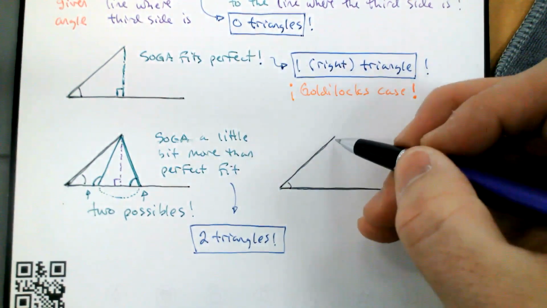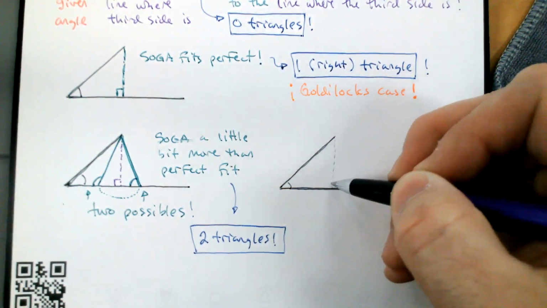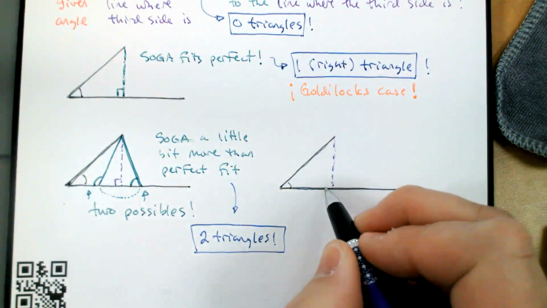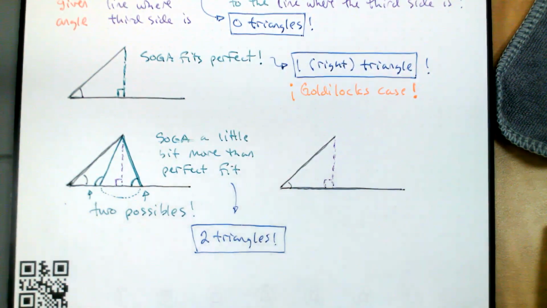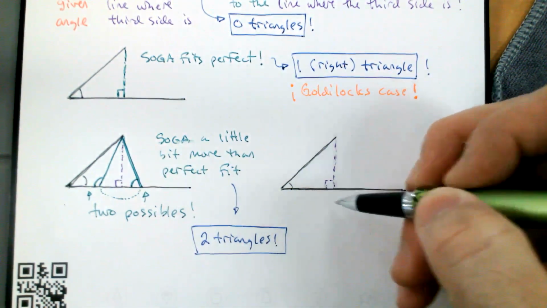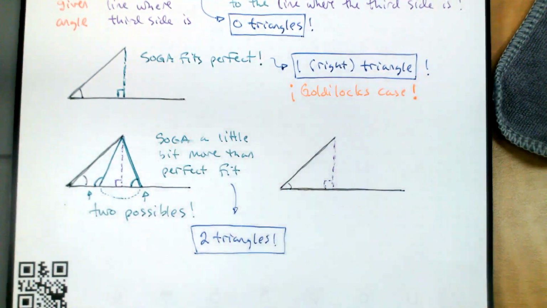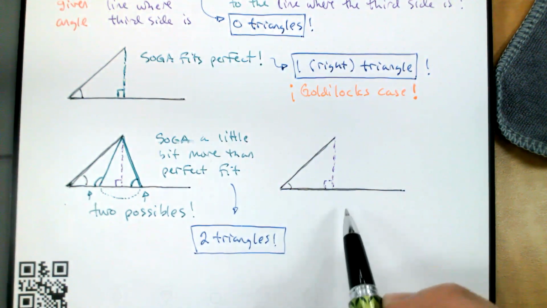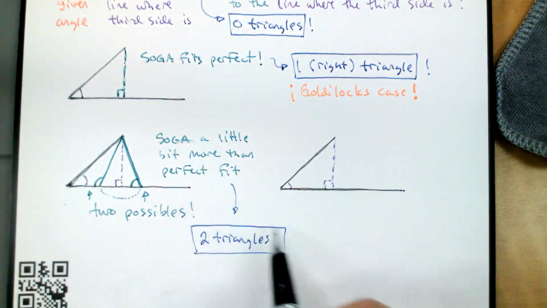So imagine the height down here. Imagine how we get two triangles: where the side opposite the given angle is a little bit more than a perfect fit, and so we could swing it both directions and come up with two. If I make it too long, if the side opposite the given angle is too long, then it won't meet the line where the third side is.